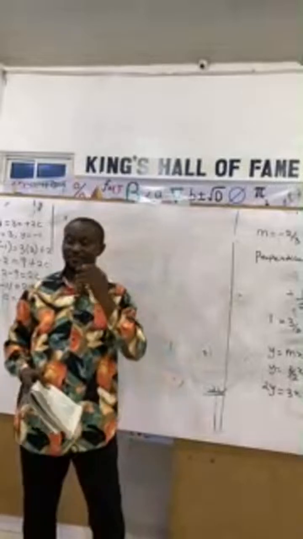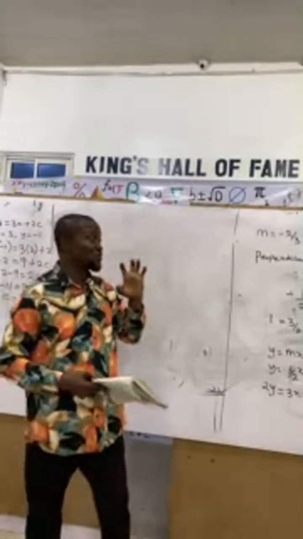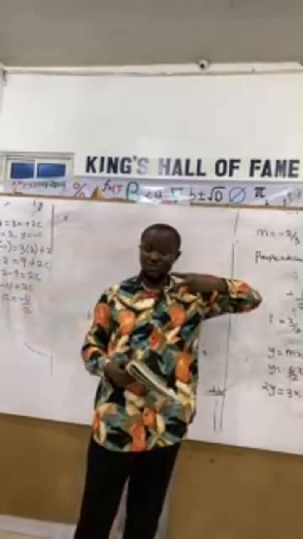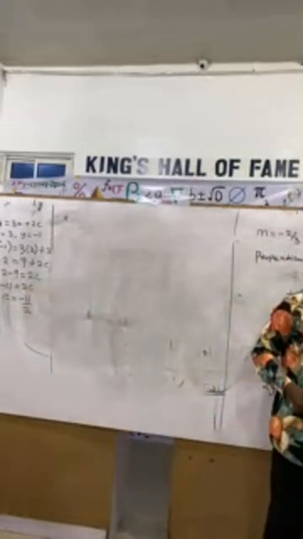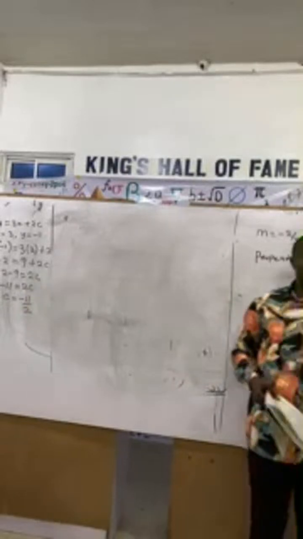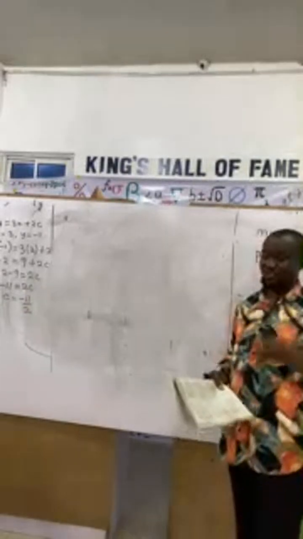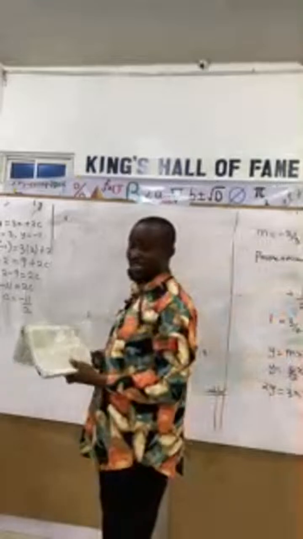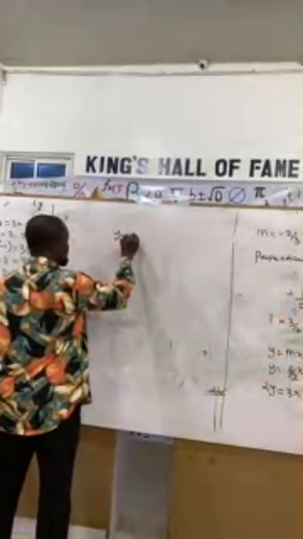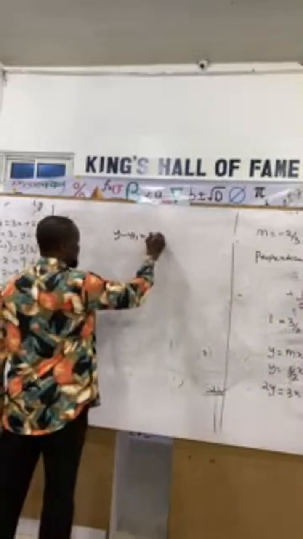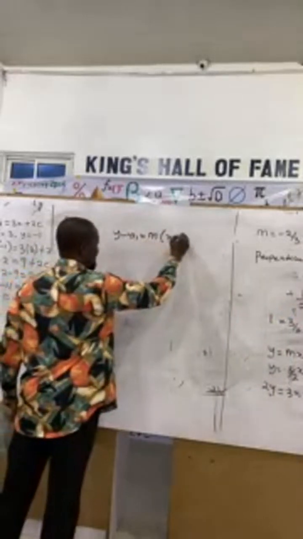So the question was to find the equation and they gave us 2 points. With the 2 points, you get the slope. If you want to get the equation of the straight line through 2 points, there's a formula for it, which is y minus y1 equals m into x minus x1.